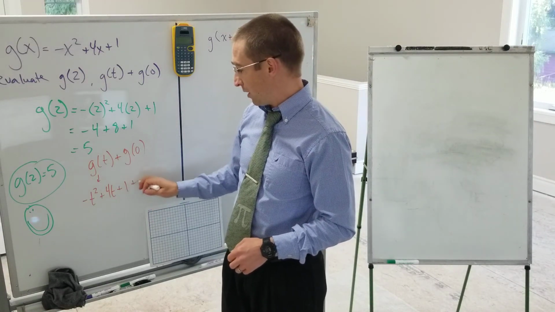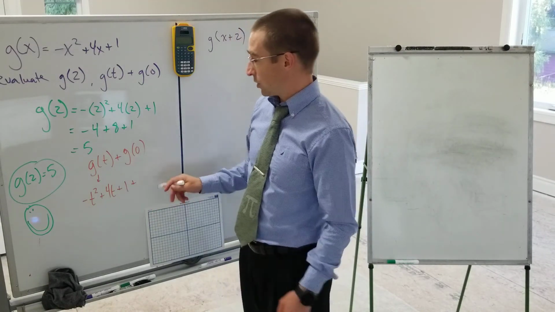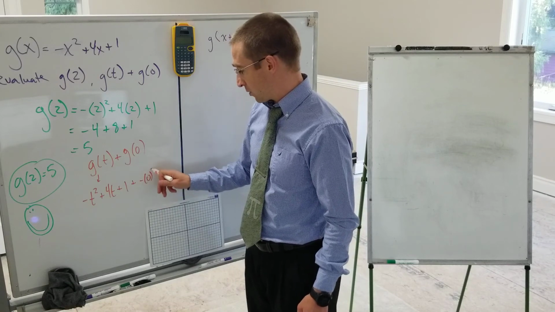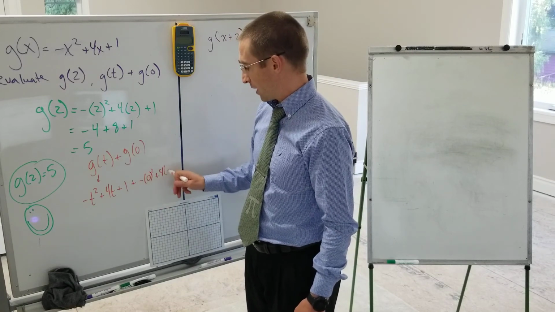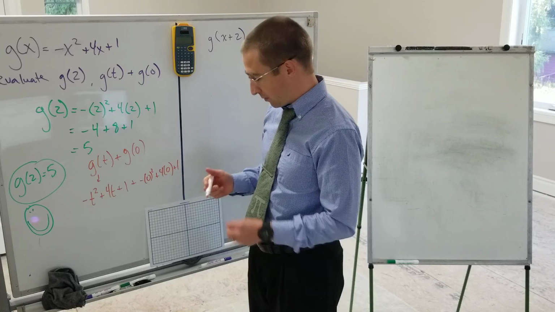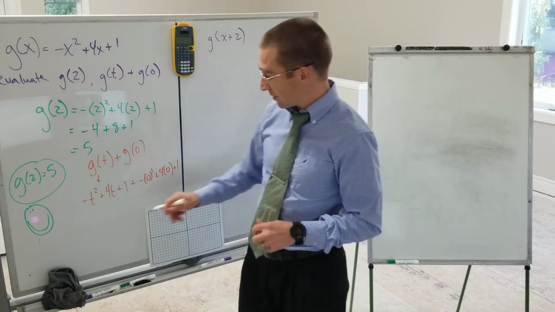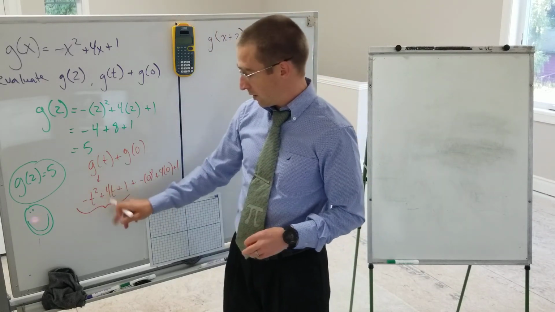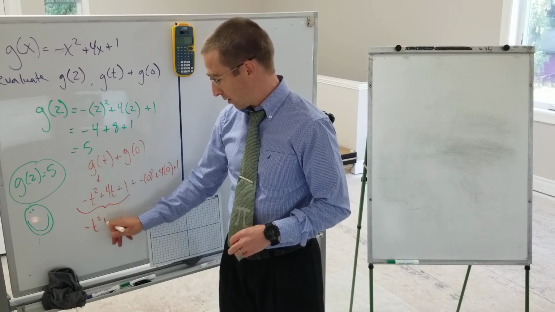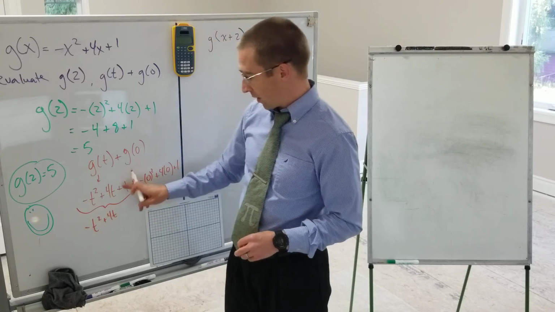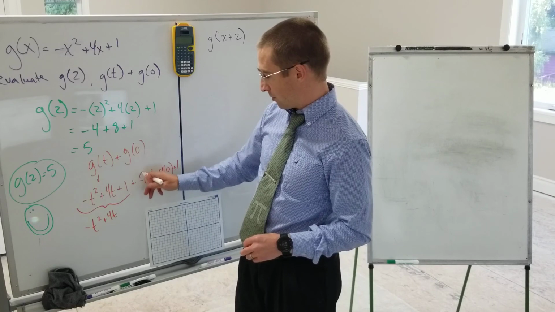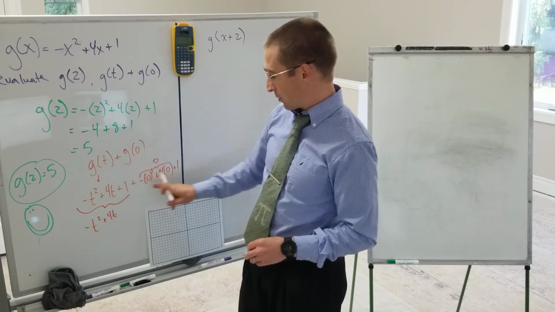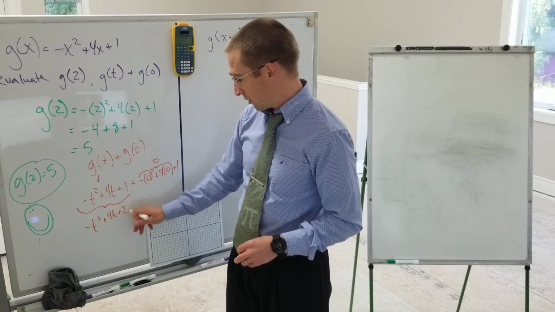And I'm going to go plus g of 0, which is negative 0 squared plus 4 times 0 plus 1. I'm going to simplify this. Here it's just negative t squared plus 4t. I've got plus 1, that's 0. This is all just 0, so I've got plus 1 plus 1. So it's plus 2.